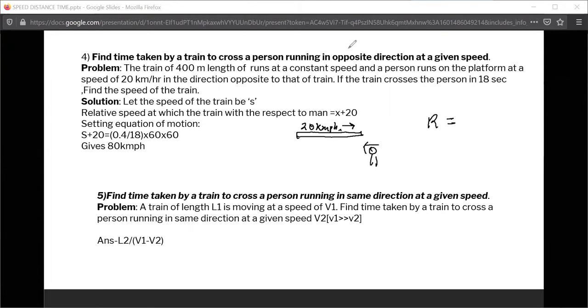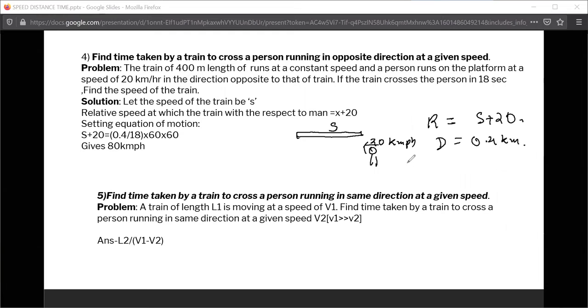Sorry, the speed of the train is not given. That is what we have to find in the problem. So let the speed be s kilometer per hour, and the speed of the man is 20 kmph in the opposite direction. So relative speed will be s plus 20. Distance will be 400 meters, that is 0.4 kilometers.